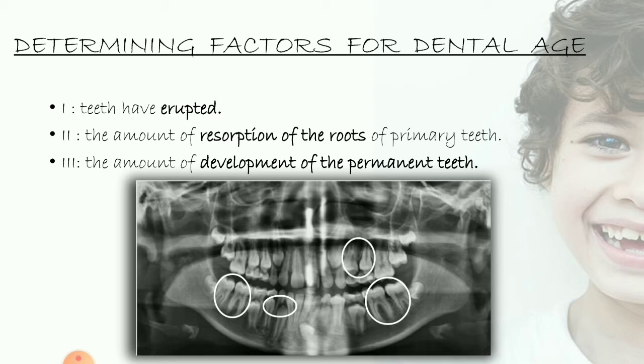So first, if any permanent teeth are present in the patient, we check which permanent teeth have erupted. Second, the amount of resorption of the roots of the primary teeth, whereas third is the amount of development of the permanent teeth. So these are the three factors which should be kept in mind.